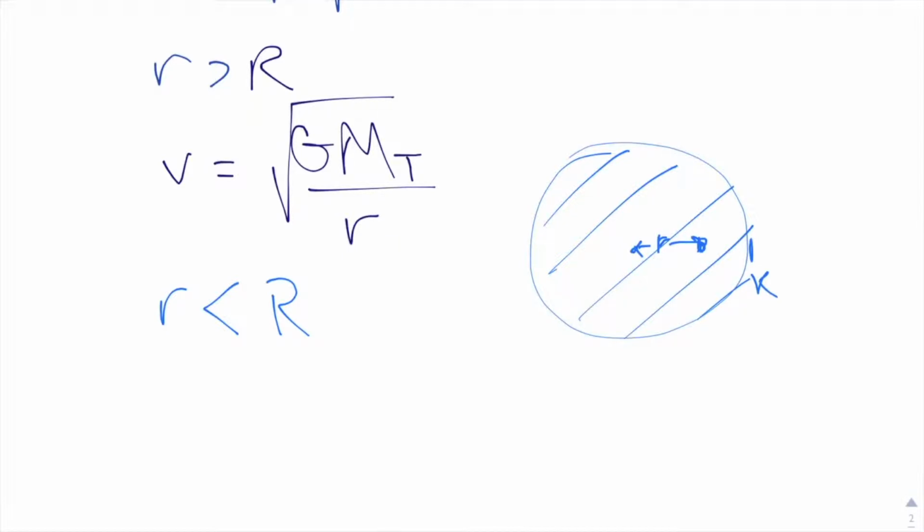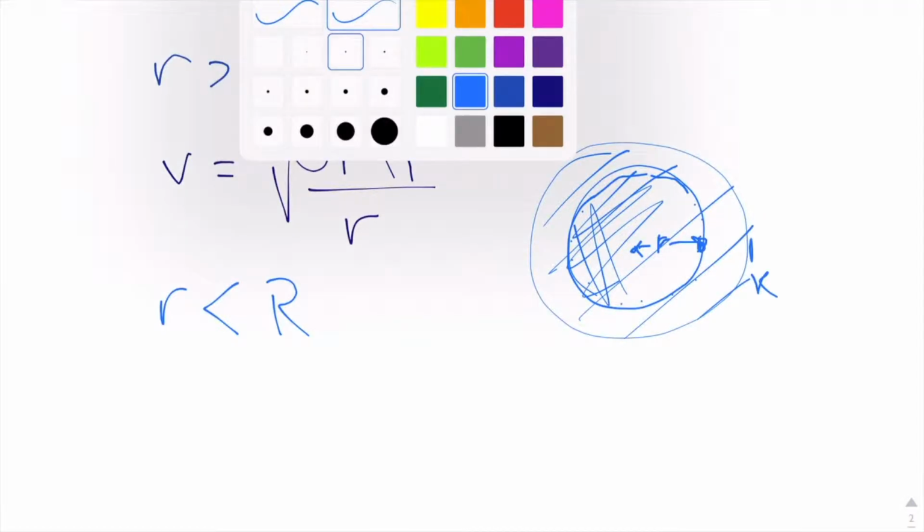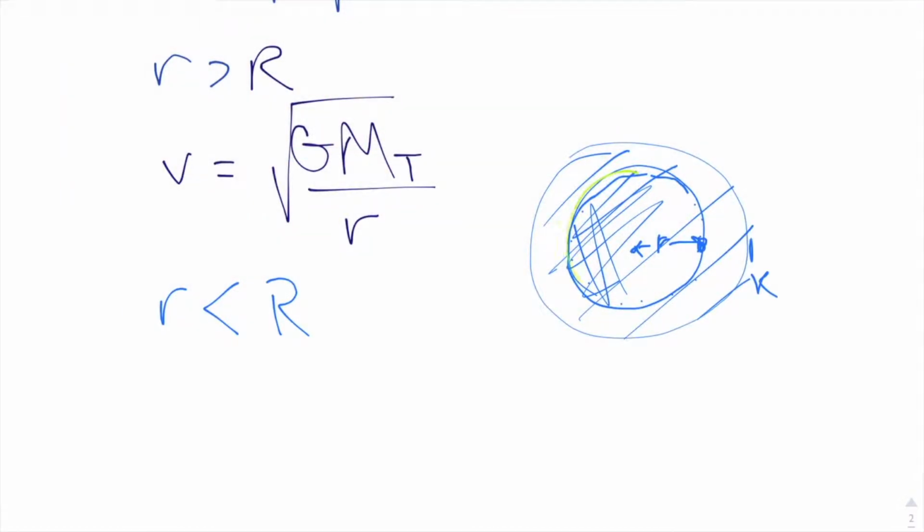So we know that due to the shell theorem, only the mass enclosed by this object will be exerting any net force on it. So what we're really interested in is this mass enclosed, the mass enclosed in green.